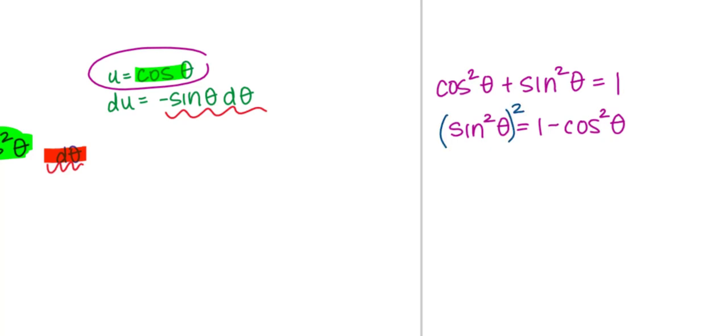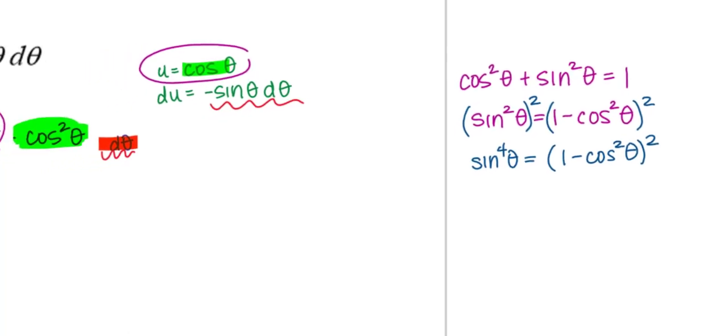And this is where you need to remember your algebra, which means I square the right-hand side. Squaring is a function. You're doing it once to the left and once to the right to remain equal or balanced. So now this is sine to the 4th of theta, and this side is 1 minus cosine squared theta quantity squared.